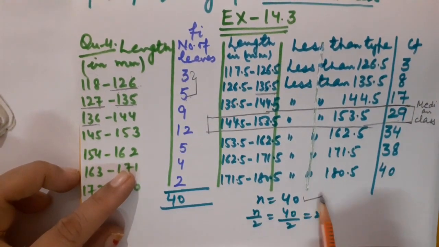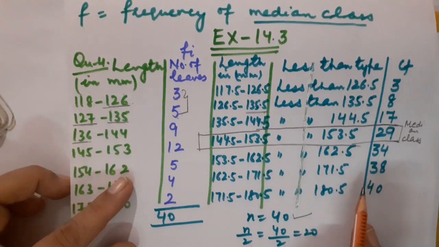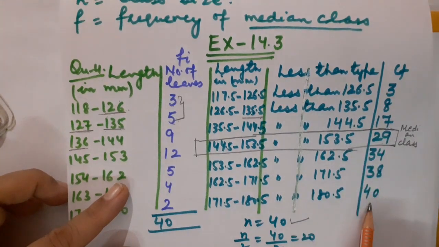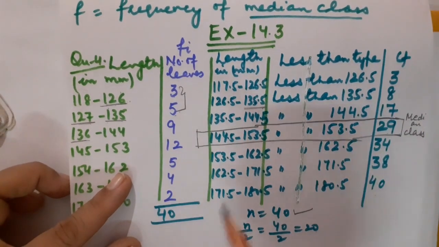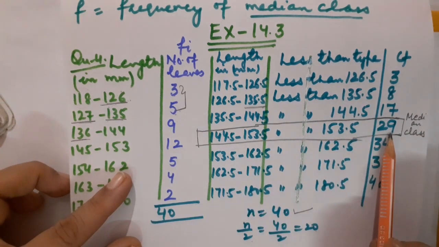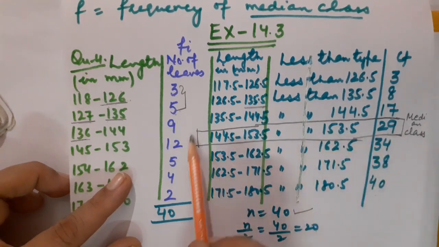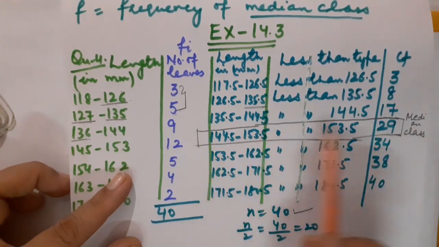Here it is given 40. Divide it by 2, means you have to take its half. That is 20. Now in cumulative frequency, you are going to pick that very frequency which is just greater than N by 2, which is greater than 20. So that is 29. So this one will be the median class.